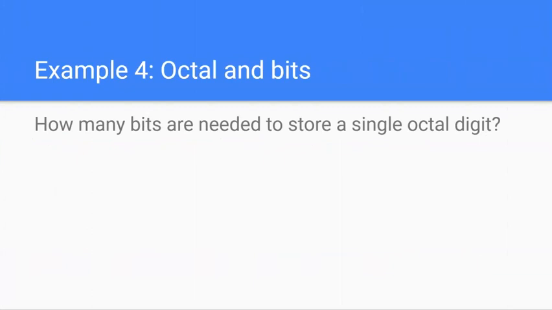Last example that I wanted to go through is octal in bits. How many bits are needed to store a single octal digit? I want you to think of this as the process of, well, a single octal digit is the numbers 0 to 7. So 7 is the largest possible number I would need represented in the octal world. I am basically asking how many zeros and ones in binary would need to be used to store 7 unique items.